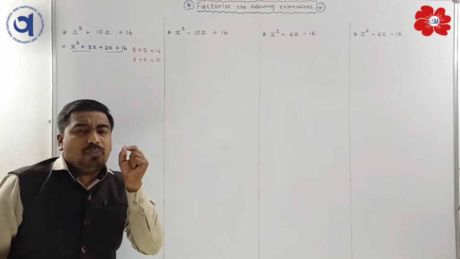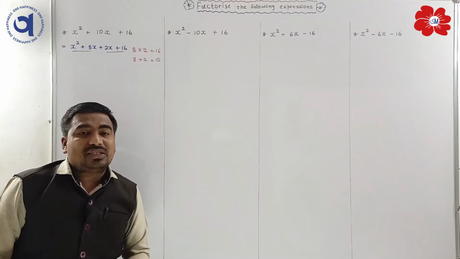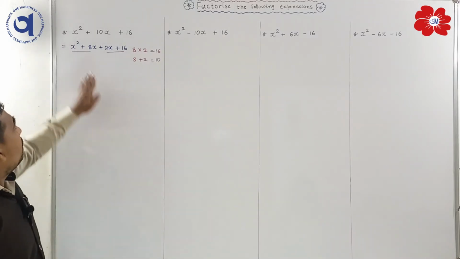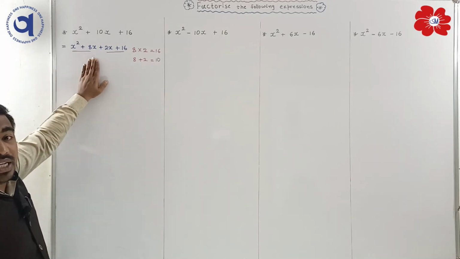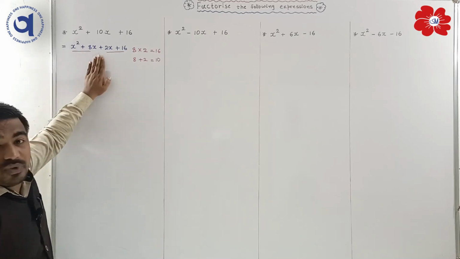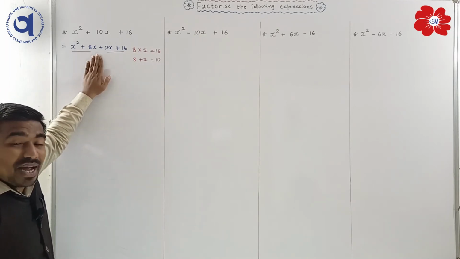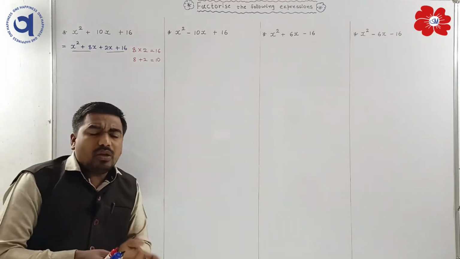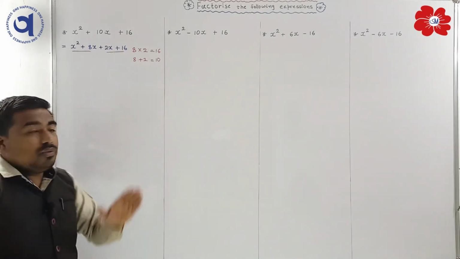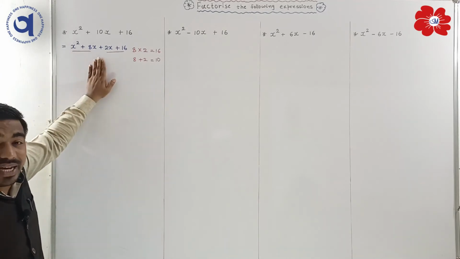Whenever we have a plus sign in the last term, we have to remember both signs will be the same. If plus, both signs will be plus; if minus, both signs will be minus.